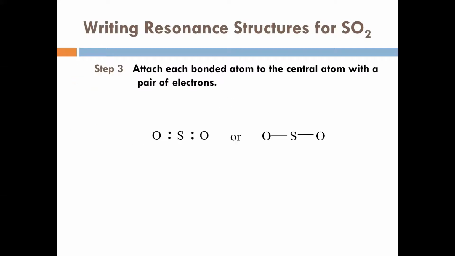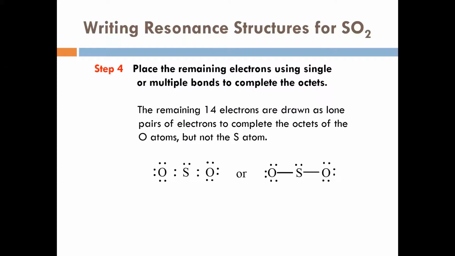Now, if you were to attach each bonded pair of atoms to the central atom, we would do a single bond each, and then you start filling. You now have to fill in the remaining of the atoms. But the problem is now, if you fill in the remaining 14, sulfur still isn't happy.